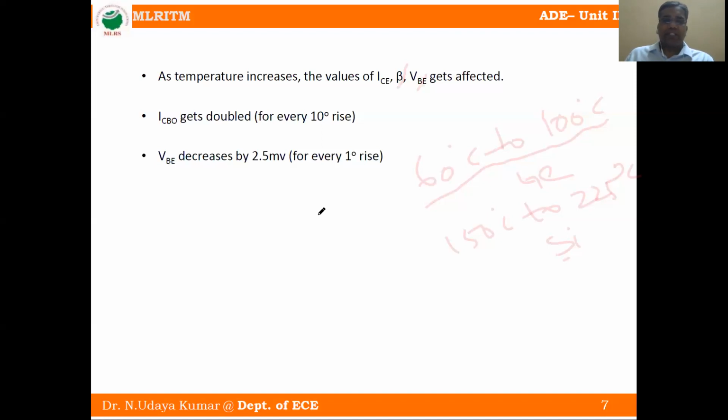First the temperature increases, the IC current increases, then the reverse saturation current increases, then the transistor gets heated, and again the reverse saturation current increases and the transistor gets heated. That is called a cumulative process. The process ultimately damages or burns the transistor. That is called thermal runaway.